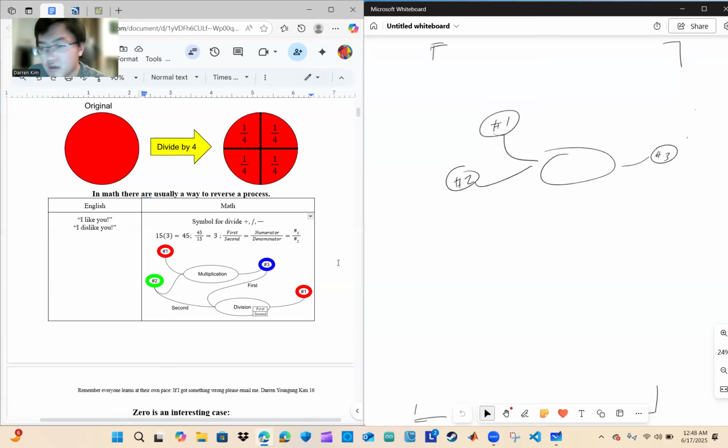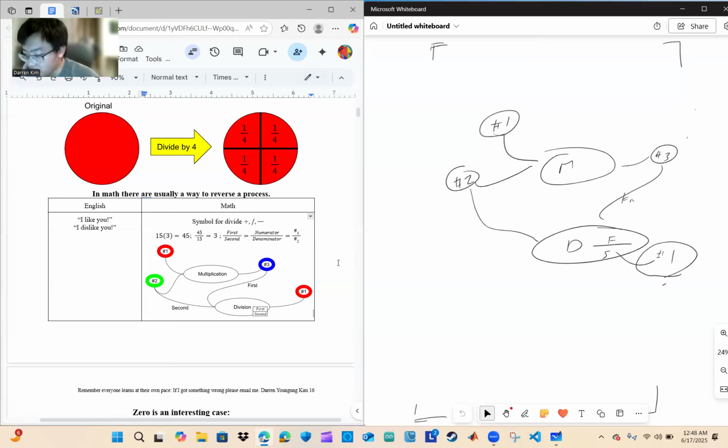And then if I were to do first and second like this, and you divide the first and the second like that, you get 1. Right, you get 1. So basically, what's happening is the order matters.